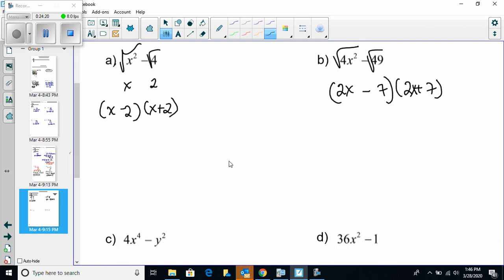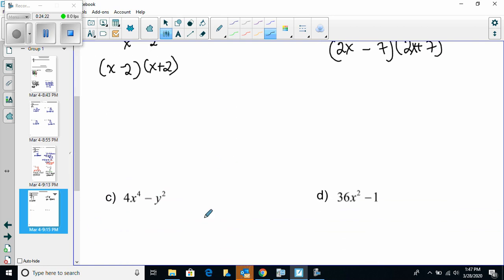So this is what you have to keep in mind. And even when we have just two variables, we still have to do the same thing. So the square root of x to the power of 4 is x squared, and the square root of y squared is y.